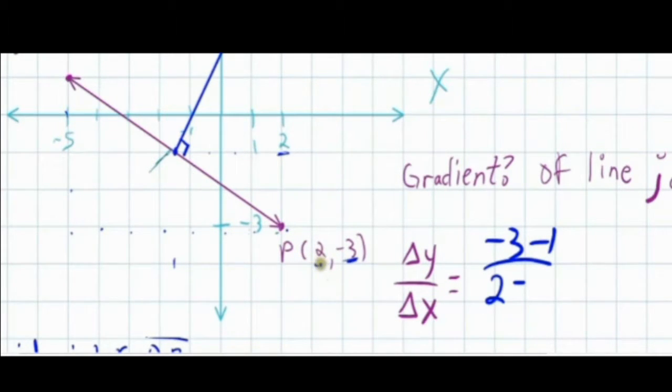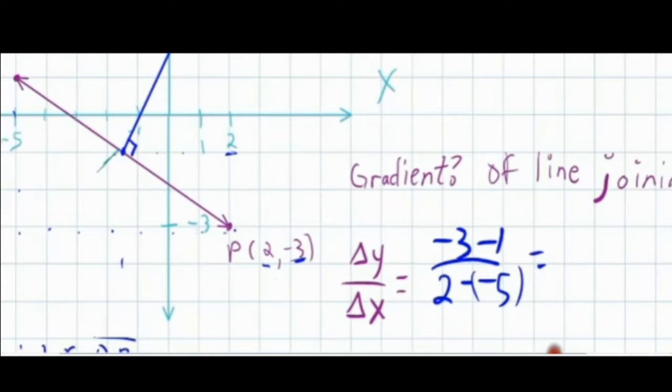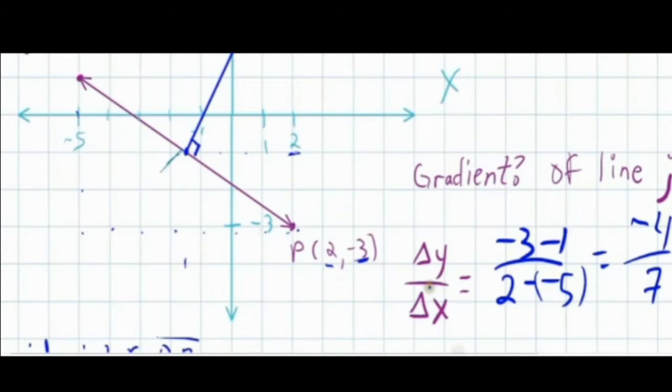So now we do 2 minus -5. And so we're going to get -4 over, and this becomes 2 plus 5, so it's -4 over 7. So we see that we move down 4 spaces and to the right 7 spaces.